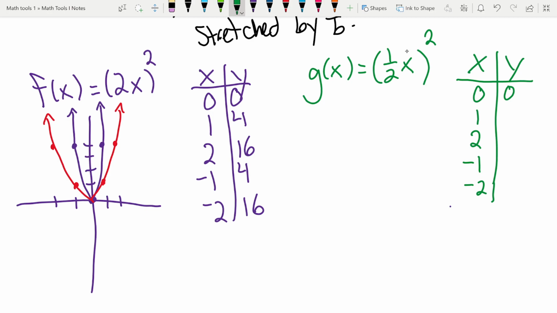So anyway, now we're going to plug in 1 and get out 1/4, right? 1/2 squared is 1/4. We're going to plug in 2, we'll get out 1. 2 times 1/2 is 1. 1 squared is 1. And then we're going to keep that symmetry again, so these are going to be the same thing.